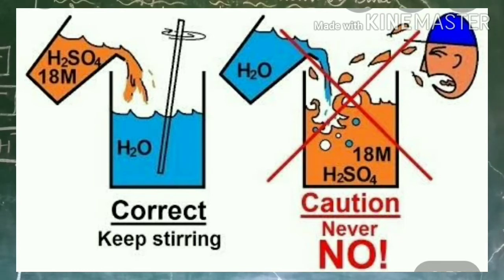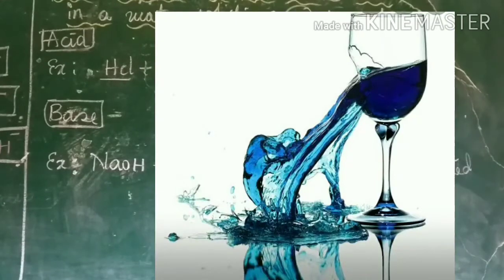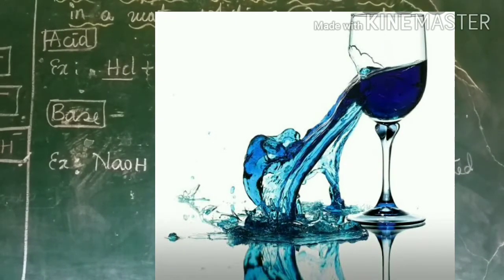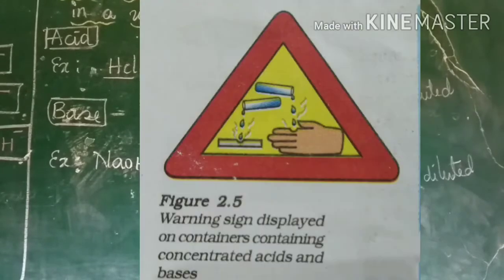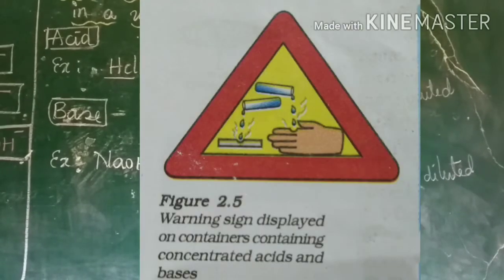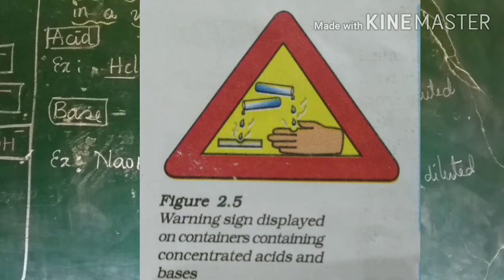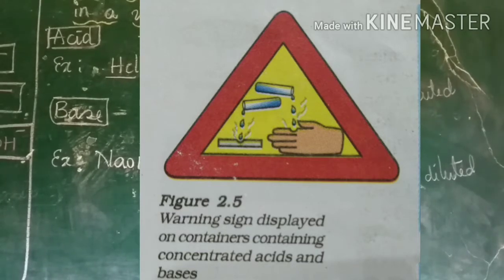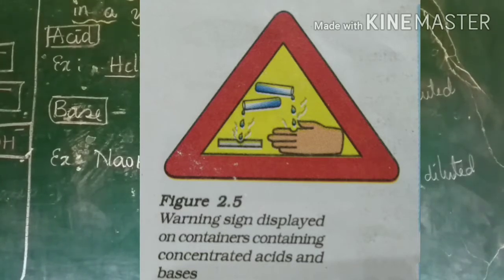If water is added to a concentrated acid, the heat generated may cause the mixture to splash out and cause burns. The glass container may also break due to excessive local heating. Look out for the warning sign on the can of concentrated sulfuric acid and on the bottles of sodium hydroxide pellets.